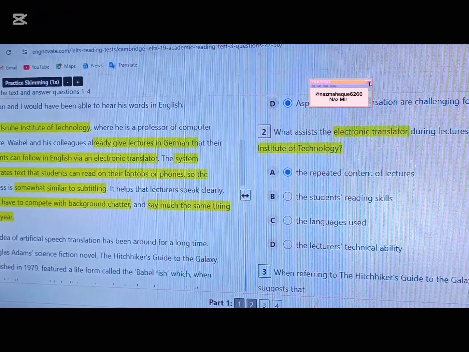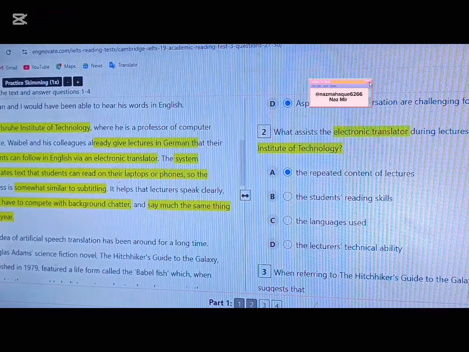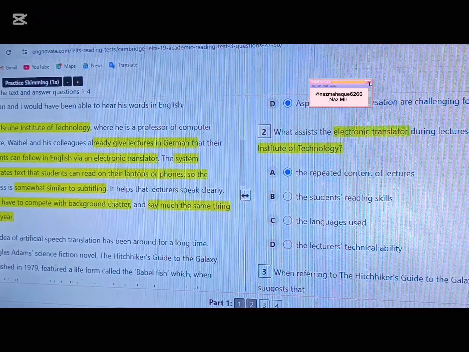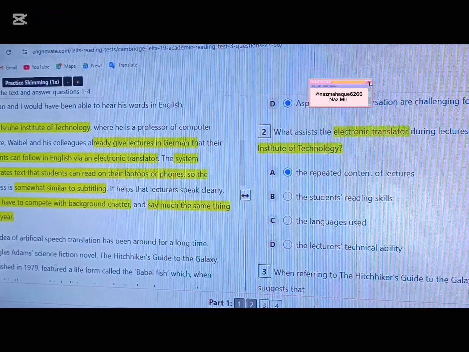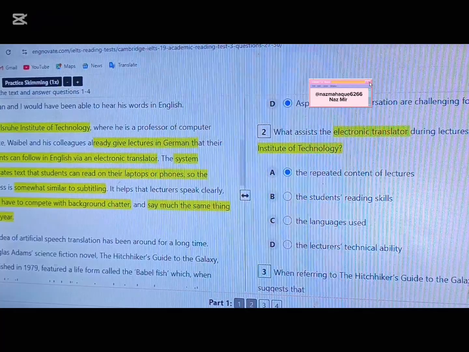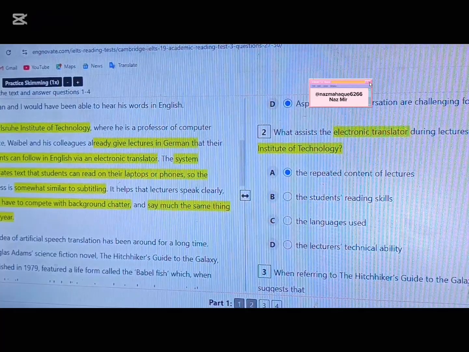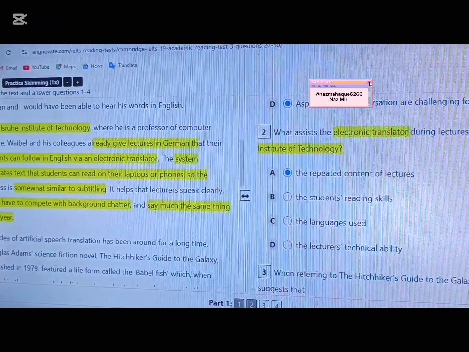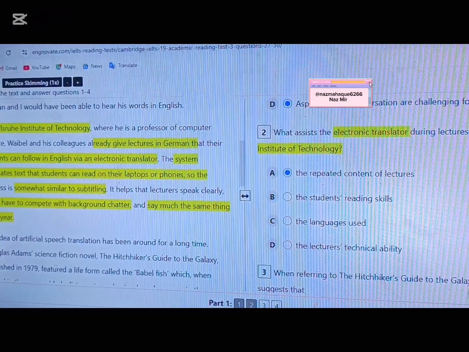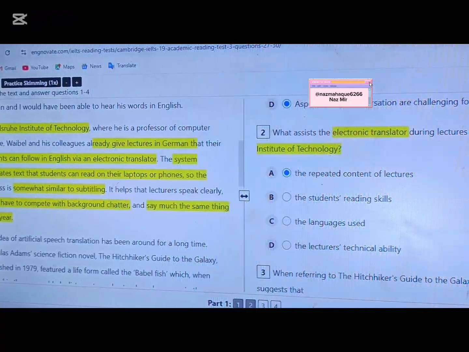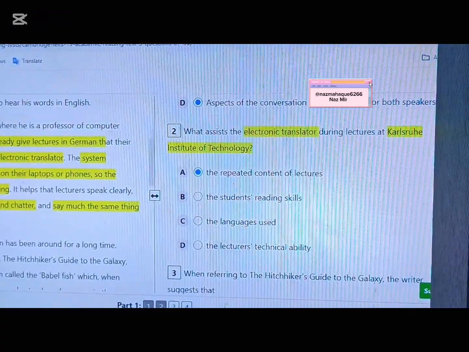Okay, that's not how the electronic translator works. It has been simply said that the system generates text. It means that the electronic translator is generating some kind of text in English so that the students can read, but it is not how the electronic translator works.